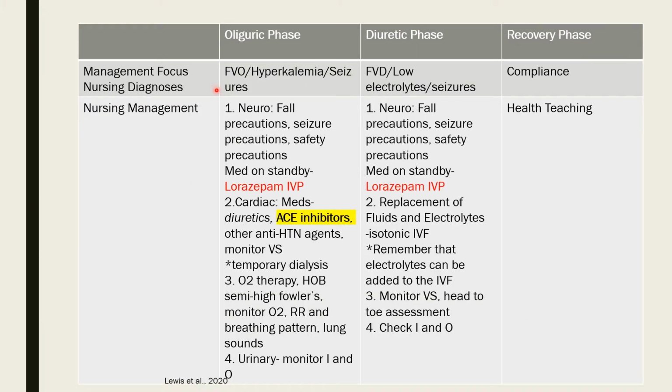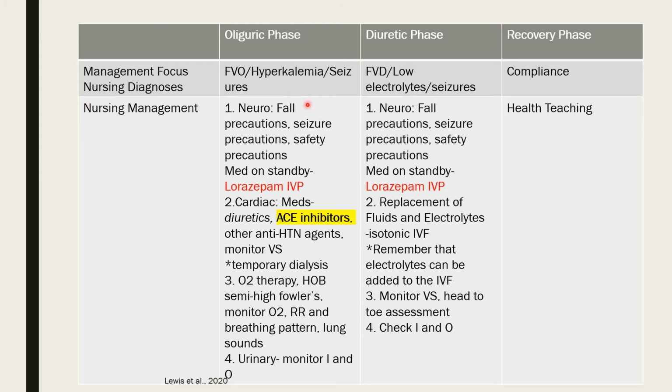All right, so what are we gonna do then? Remember, your management for acute kidney injury differs depending on what's going on with your patient. So if your patient is in oliguric phase, remember the main focus here is the fluid volume overload, the high potassium, and possible seizures. So your management will focus on that.